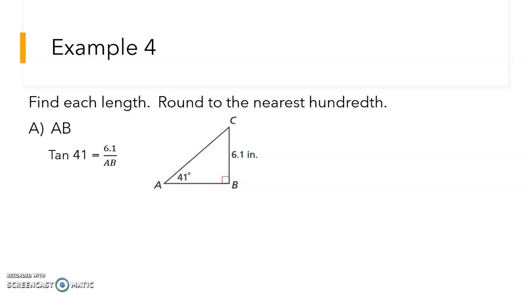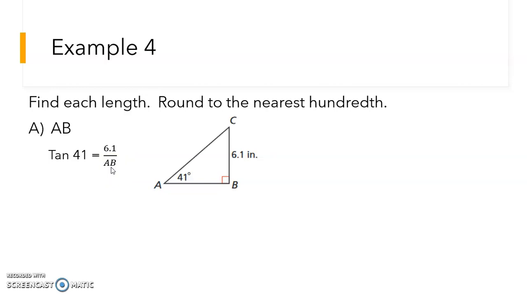Okay, so I picked tangent because I have the 41 here, and I know the opposite side is 6.1, and I want to know about the adjacent side down here, AB. So what I did is I set up an equation that says the tangent of my angle is going to equal the opposite side over the adjacent side. So this is my equation.